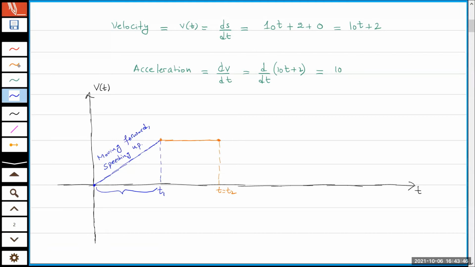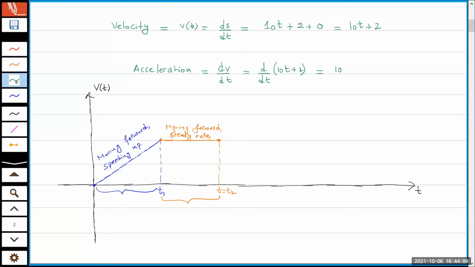So that means in this range of values of t, I am still moving forward because my velocity is positive. I'm not speeding up, I'm not slowing down, I am going at a steady rate. My velocity is fixed now.